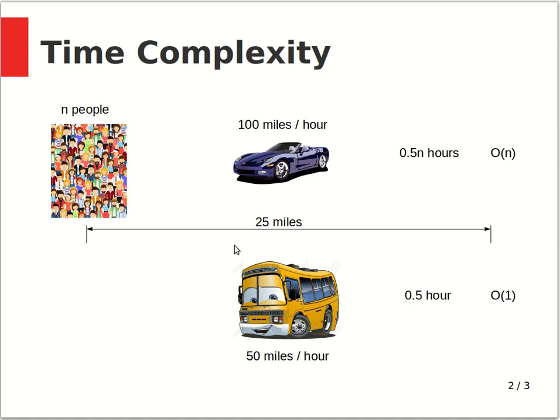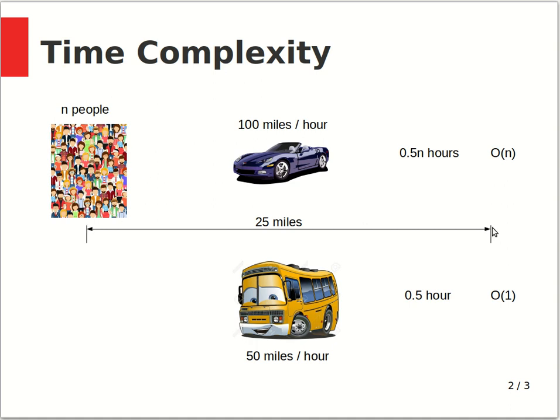Let's neglect the time for loading the people and dropping off the passenger. So that's 0.5 hours to move one person. Suppose you have n people, that's 0.5 times n hours.